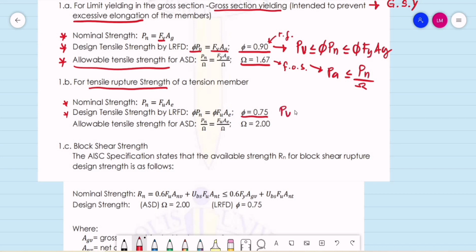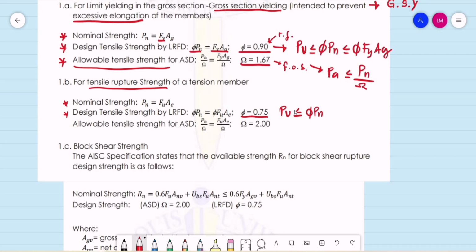So we have P sub U equal to phi multiplied by P sub n. Again, we can accept values that are less than or equal to phi multiplied by P sub n, having 0.75 as our reduction factor.